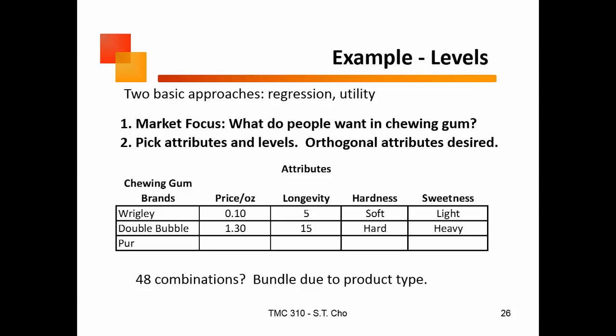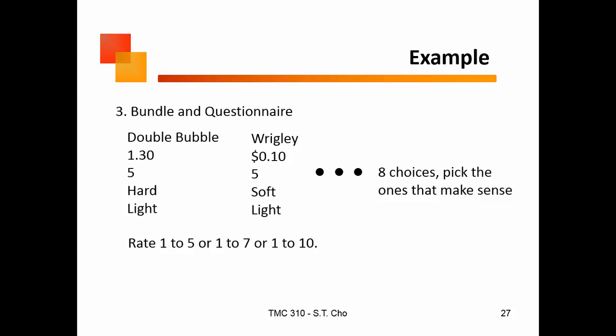Here's the other problem. Not only that, I've got 5 variables here. I've got 3 different brands, and I left brands out. But what I have is 48 combinations. Well, that's just way too many to test for. So what I do is I think of combinations which are going to be of most interest to the customer and myself.